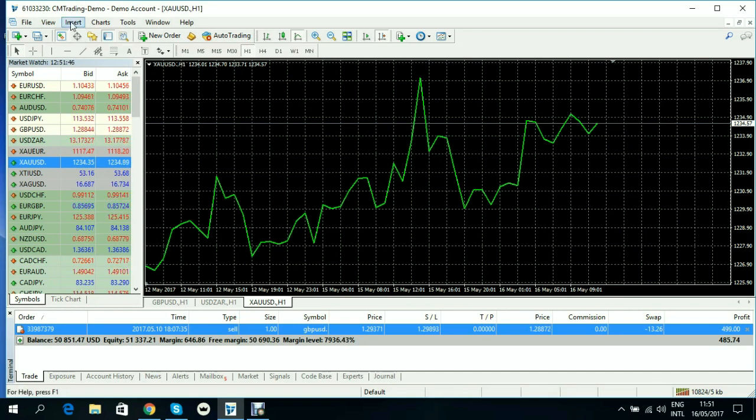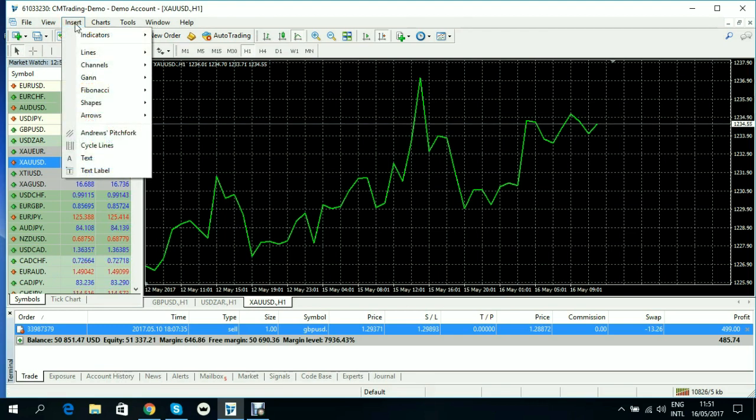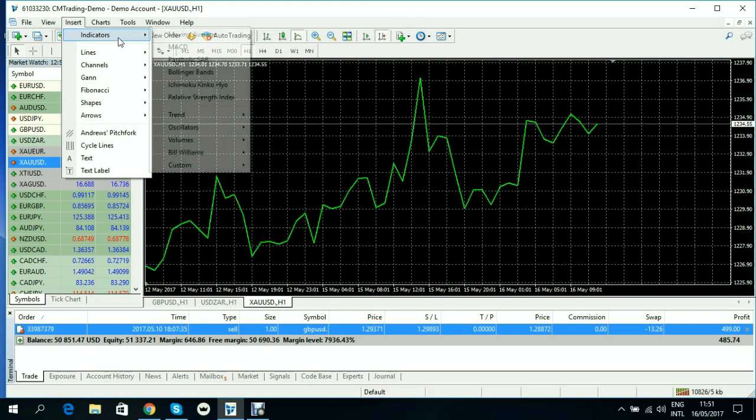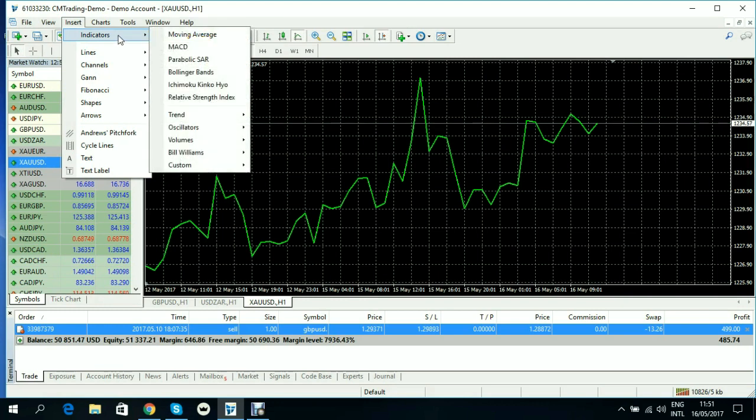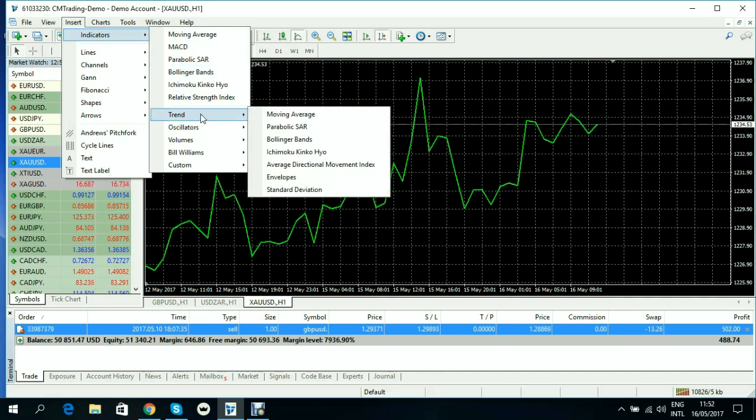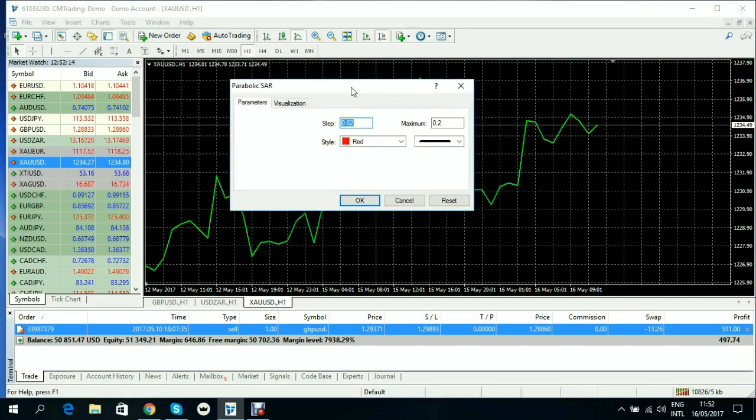We first have to go to insert, and when we go to insert, we come to indicators, and when we come to indicators, we go to trend. Parabolic is a trend indicator. We go to trend, and here it is. We click on it, it pops up this.